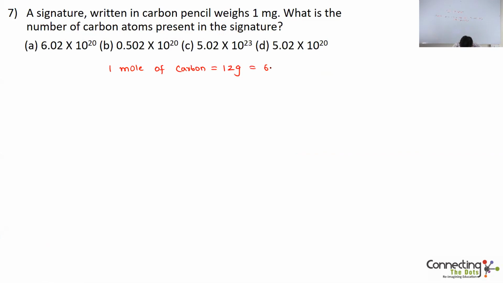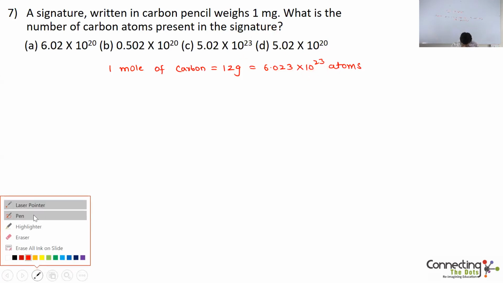It is equivalent to 6.023 times 10 power 23 atoms of carbon. Because we are discussing element, so you have atoms. So these many atoms will constitute 12 grams. So 1 milligram will constitute how many atoms? That's the question.